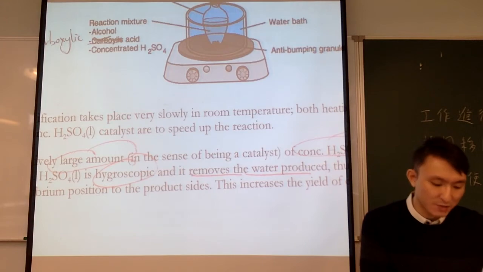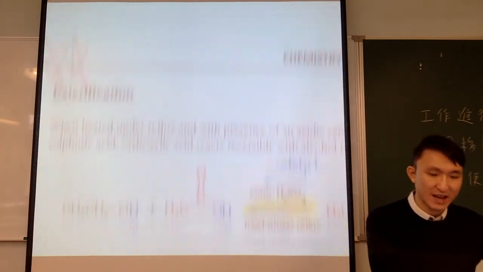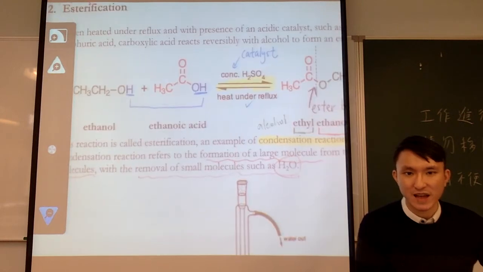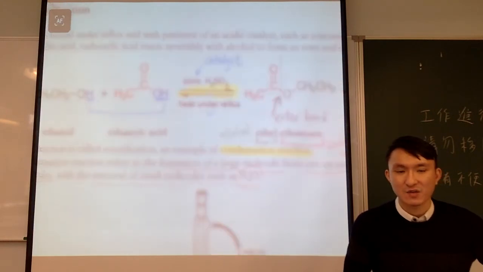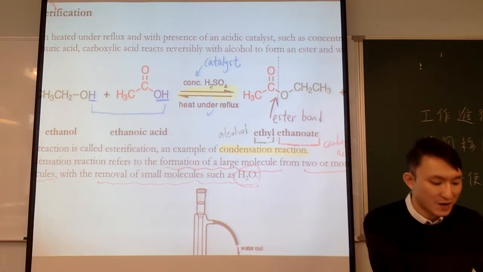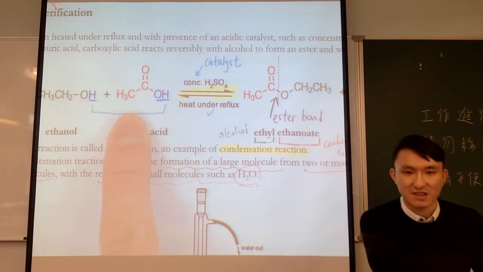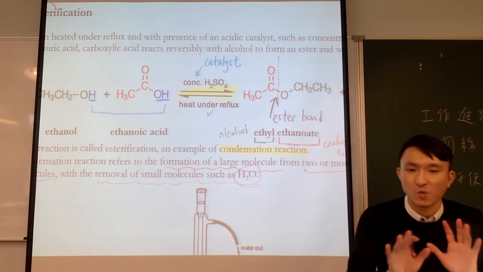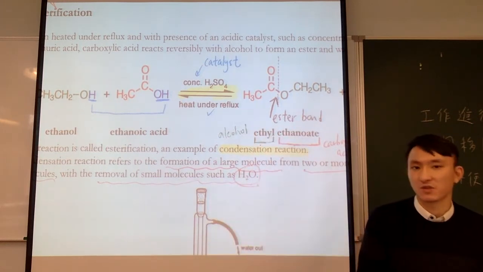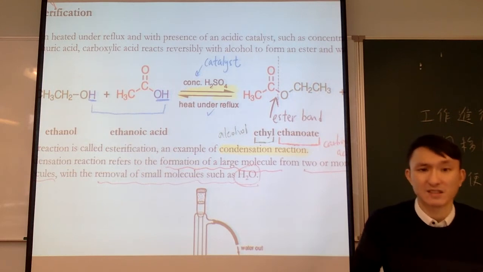Now, if you look at this reaction, it is a reversible reaction, meaning that the reaction is not complete. So if I have 10 ethanol and 10 ethanoic acid, you won't expect to see 10 ester molecules at the end. No, it doesn't work like this.